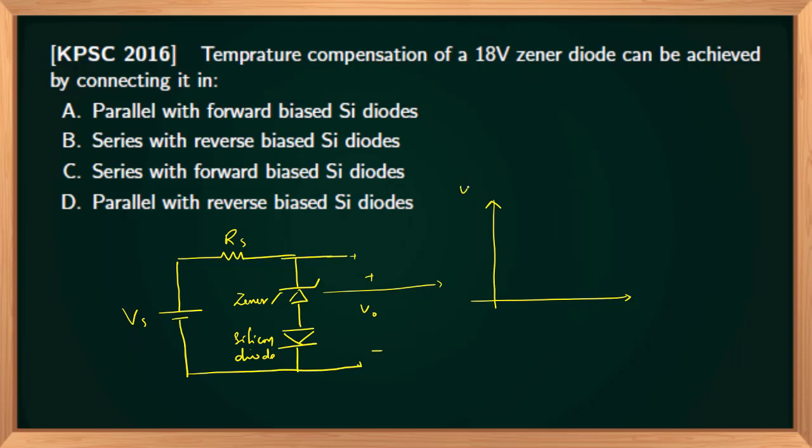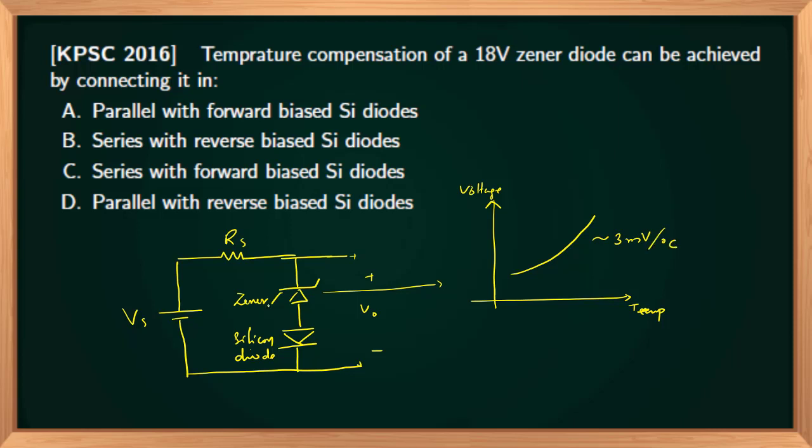That is, if the voltage across a reverse biased Zener diode is considered, it increases slightly with increase in temperature. That means it has a positive temperature coefficient of voltage. This change is almost equal to 3 millivolt per degree Celsius.